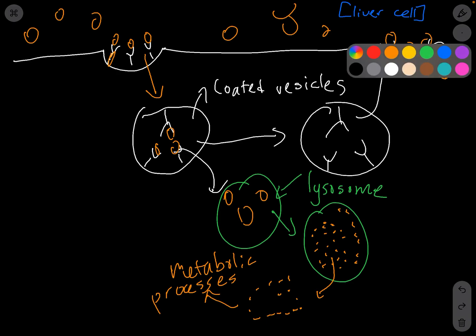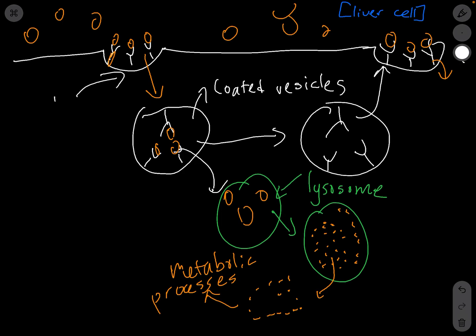The first class is where there's going to be a lesser amount of receptors on what I said before, these coated pits, this indentation here. Class 1 familial hypercholesterolemia is where there's less amount of LDL receptors on the cell surface to take up the LDL cholesterol into the liver cell.